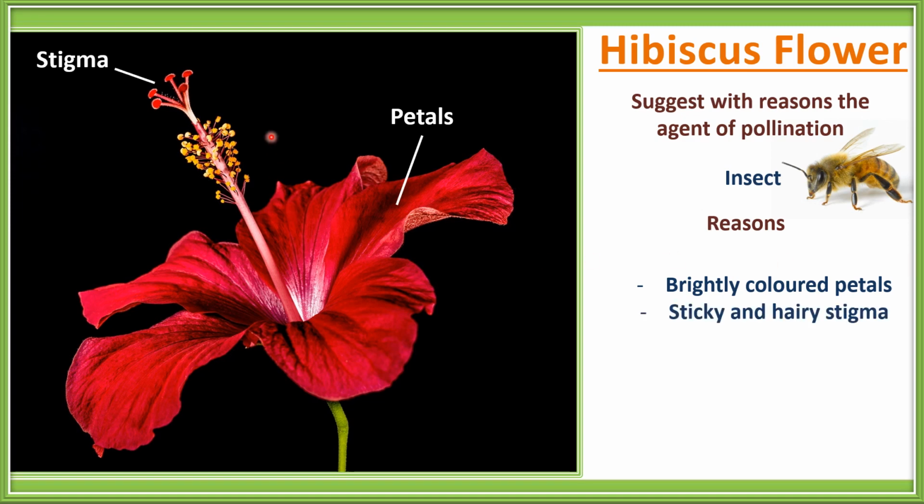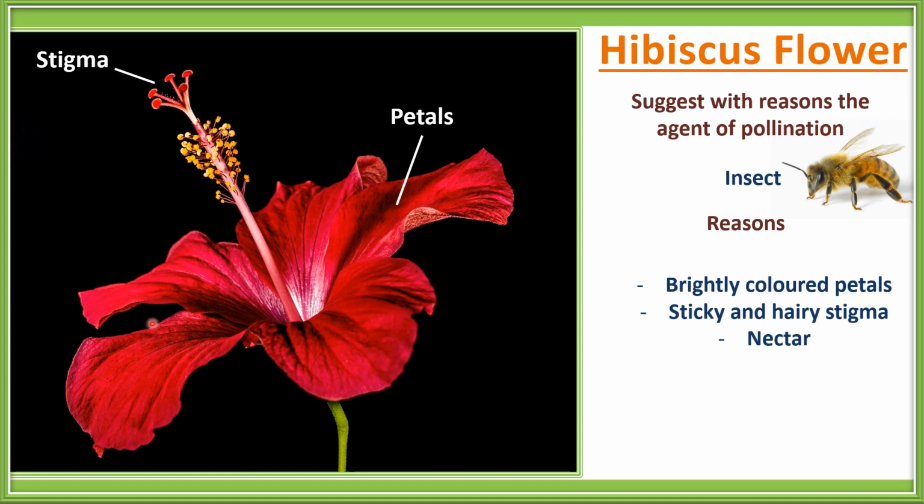And then they have a sticky and hairless stigma, which means when the insect comes, it can easily drop the pollen on top of the stigma, which is going to attract the pollen grains. They produce nectar. Of course, the petals will show the nectar guides, meaning that they have got nectar.